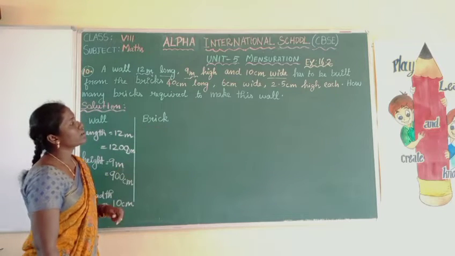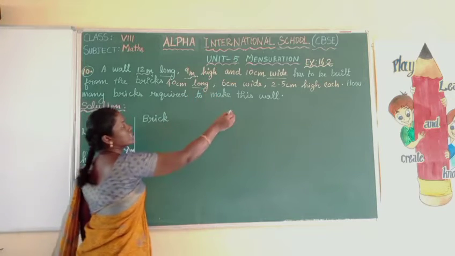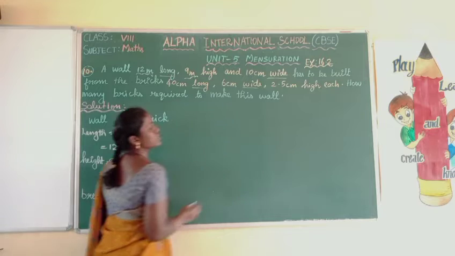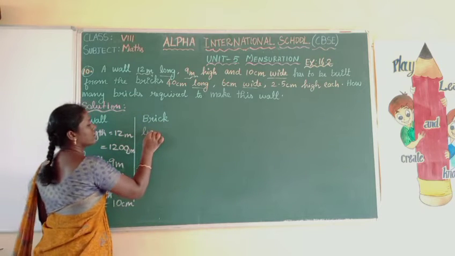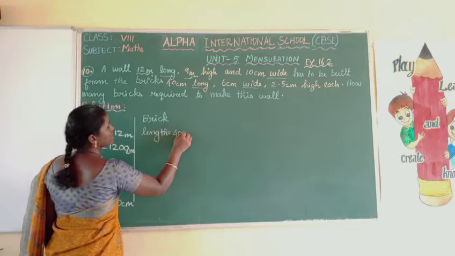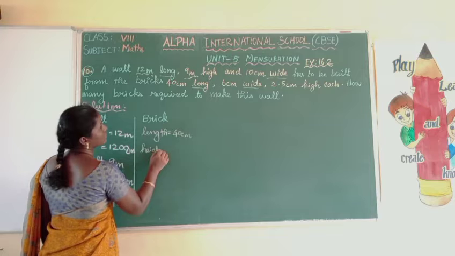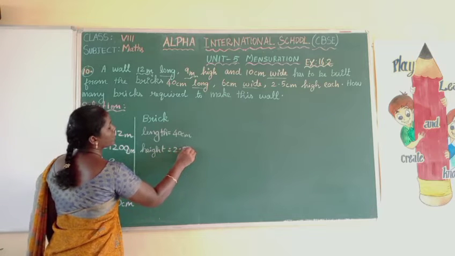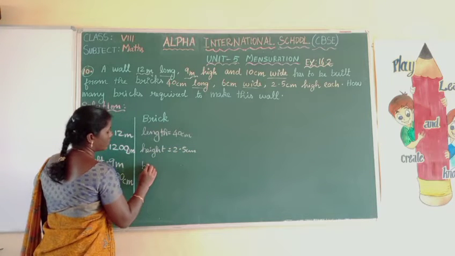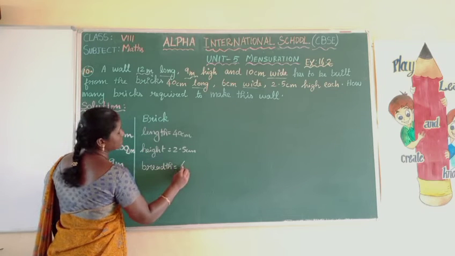Now come to the brick. What are the measures given for the brick? The brick is 40 centimeter long, 6 centimeter wide and 2.5 centimeter high. So the length of the brick is 40 centimeter, height is 2.5 centimeter, and breadth is 6 centimeter.